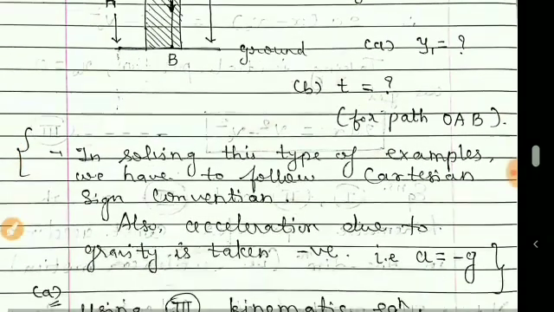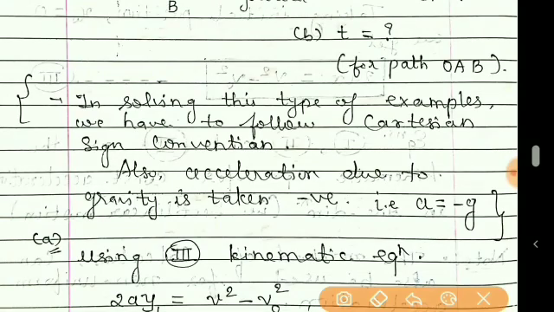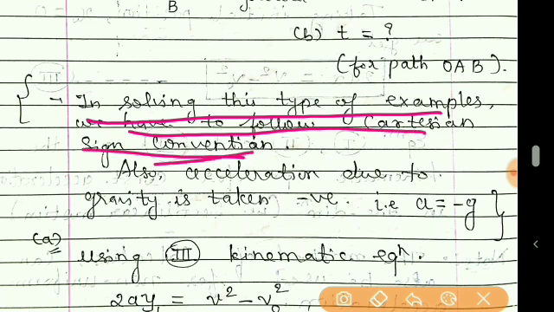Now here remember, in solving this type of example we have to follow the Cartesian sign convention. It means during the upward motion the velocity is taken as positive. If the motion is in the downward direction, then velocity is taken negative.